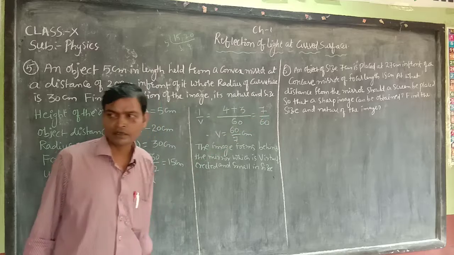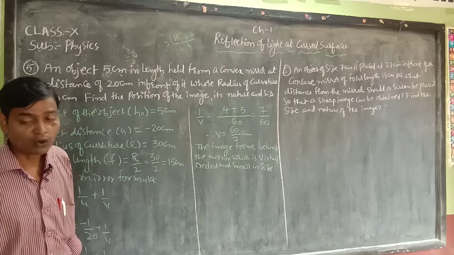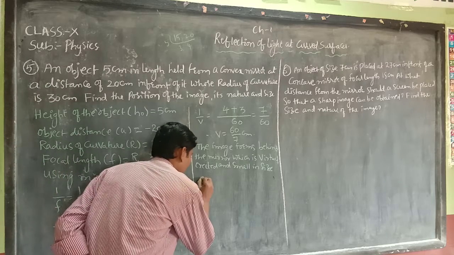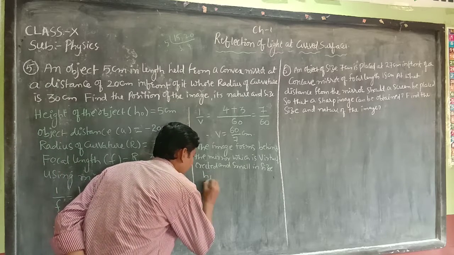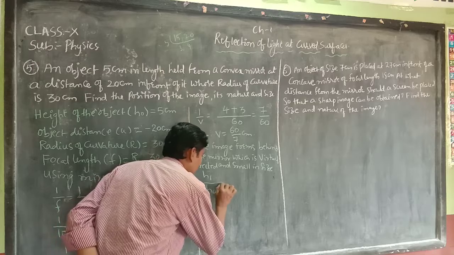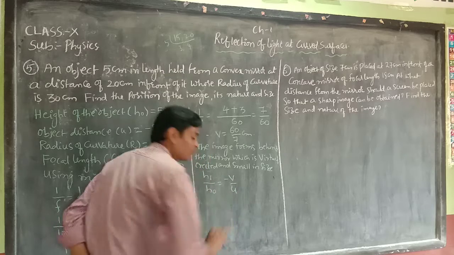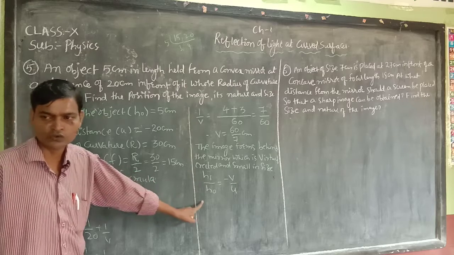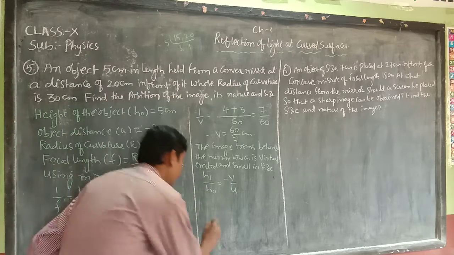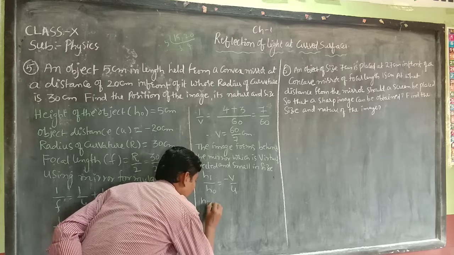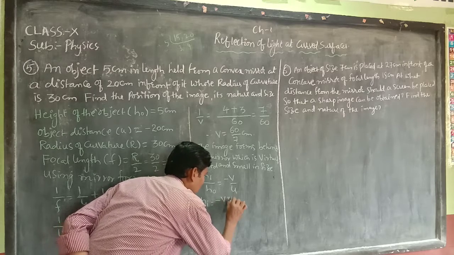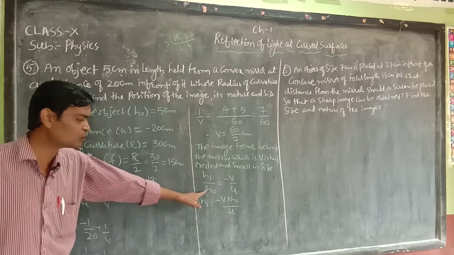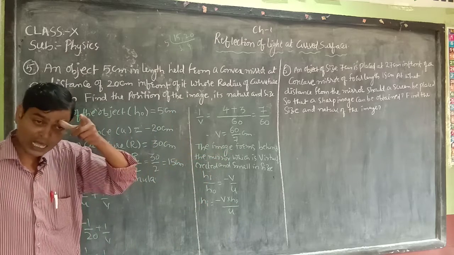Again, what do we have to find? Size. How can we find the size? Using which formula? Magnification formula. HI by HO is equal to minus V by U. We have to find HI. So HI is equal to minus V into HO by U, by transposing HO to the RHS.